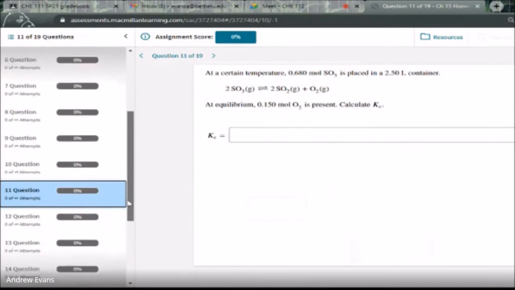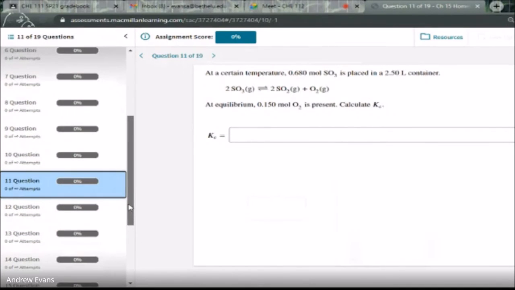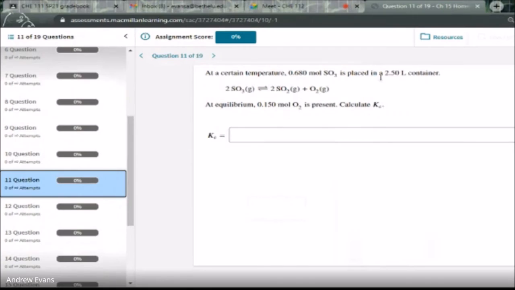They don't actually give us concentration, but they give us moles and liters. So it is very possible to calculate concentration. Let's write out our situation: 2SO3 goes to 2SO2 and oxygen.